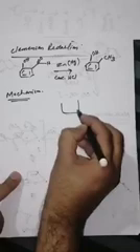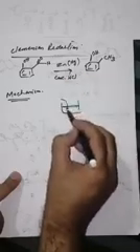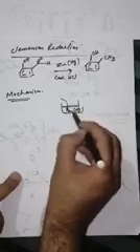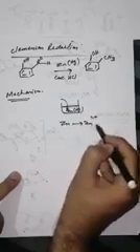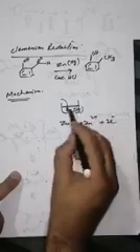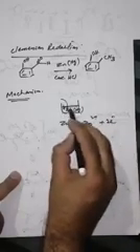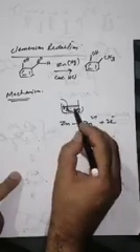You will see in many books that mostly they will say that the zinc mercury amalgam is dissolved in the acid. Zinc loses a pair of electrons, zinc changes into zinc 2 plus, and the two electrons are present in the system.